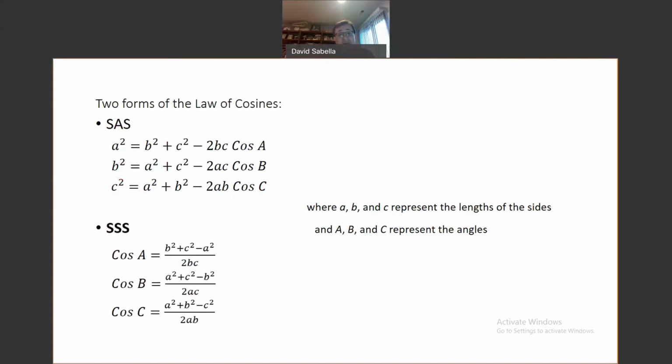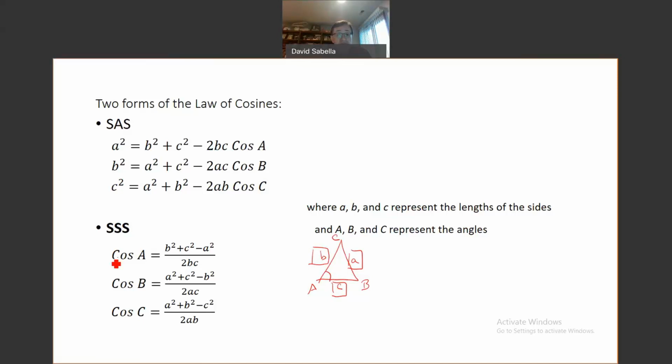The second situation is when we're given three sides. I probably drew this too high, but that's okay. Angle C, angle A, angle B, side A, side B, side C, and in this case, since it's called side-side-side, we're given the three sides, side A, side B, and side C. And let's say in this case, we're going to find angle A here.